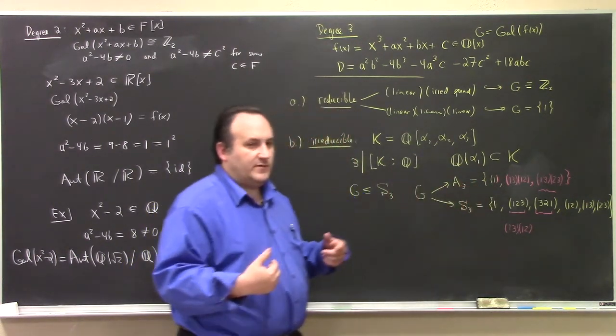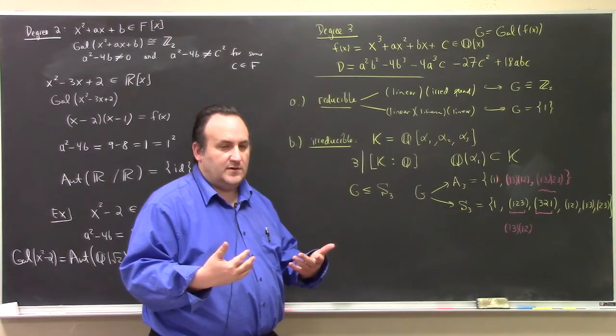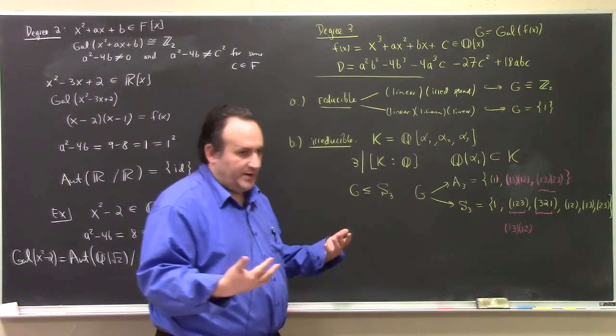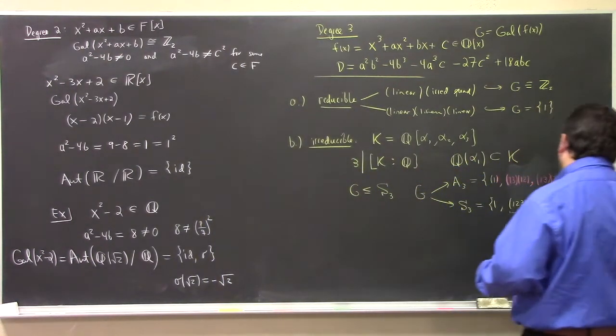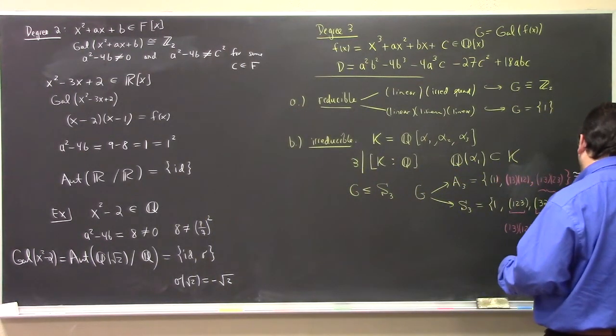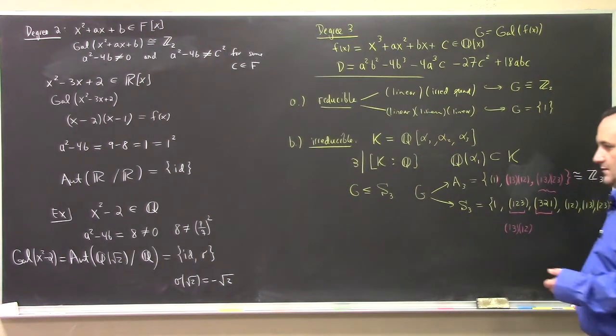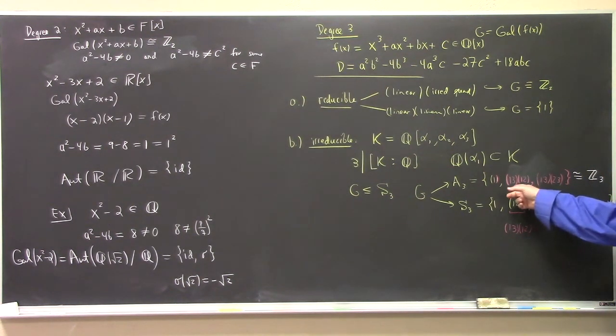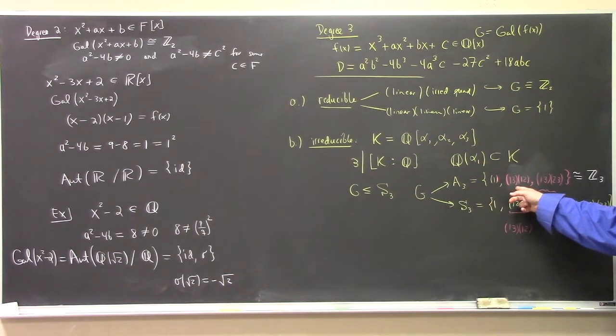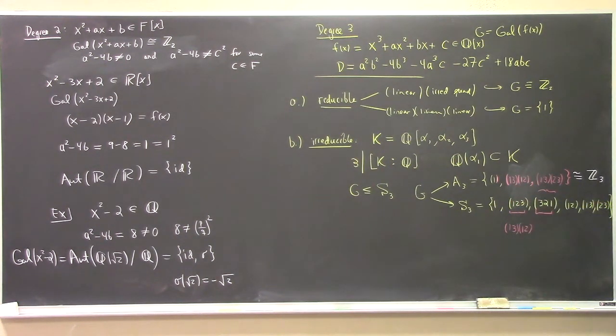So those are inverses. So that's what A3 is. And so what A3 really is, up to isomorphism, is the cyclic group of order 3. Right? This is isomorphic to Z3. See, this is like 0, this is like 1. What's the order of 1 in Z3? It's 3.